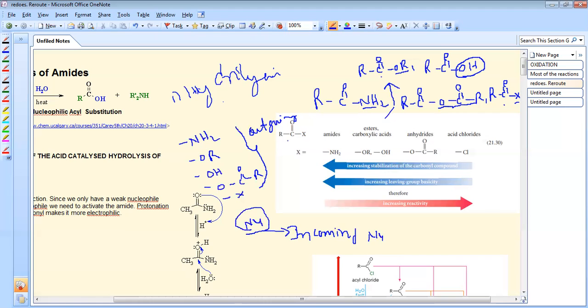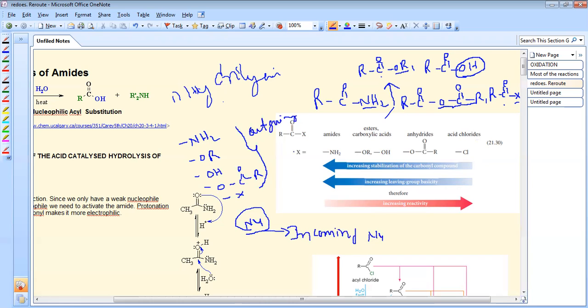Which acid derivative is more reactive towards nucleophilic substitution reactions? Let's see. From NH2 to acyl chloride, if it is shown with X, it is known as acyl halide, but here it is shown as Cl, so it is known as acid chloride. This arrow indicates the increasing order of reactivity.